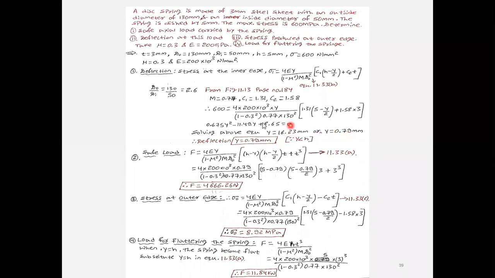As the load acts, the member is going to deflect. One value we are getting is 16.23, the other value is 0.79. In this case, you need to see the value of h, the height of the dish.